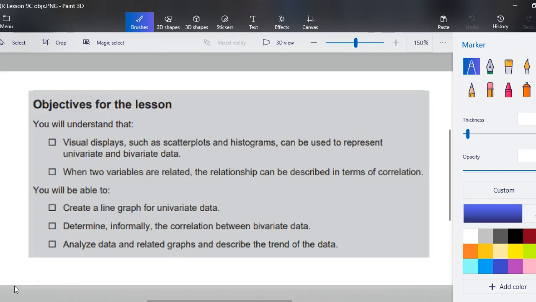When we're finished with this lesson, you will understand that visual displays, such as scatter plots and histograms, can be used to represent univariate and bivariate data. Think about a unicycle or a bicycle, with one wheel or two wheels. Variate means variable, so we'll be dealing with one variable or two variables.